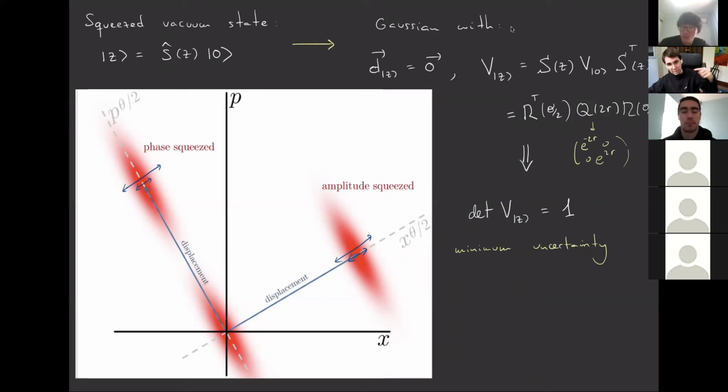So you put laser light inside, and maybe we will see in the course, but it's good that you already keep in mind that the laser is basically equivalent to a coherent state. It's a bit more subtle than that, but you can just think that the light of a laser is in a coherent state.